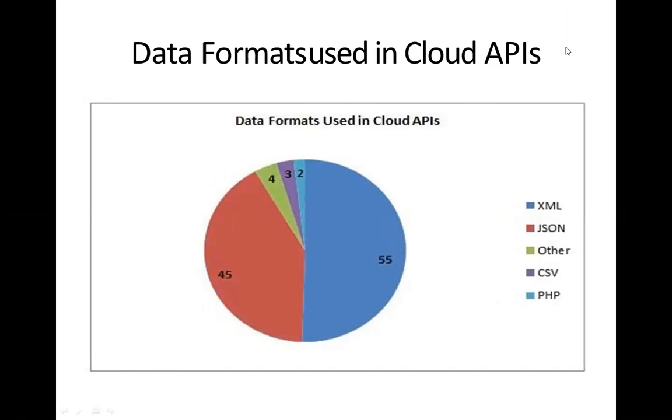This is the data format used in the cloud APIs. You can see XML, JSON, CSV and PHP are the data formats used in these cloud APIs.